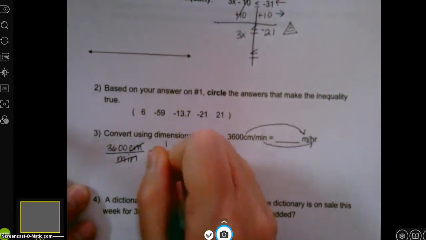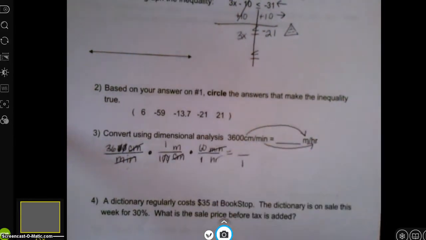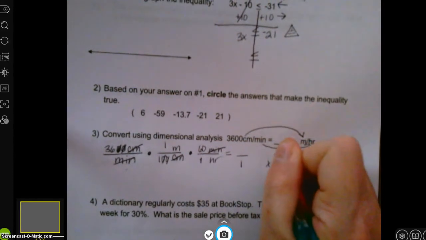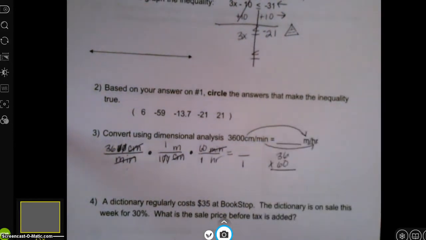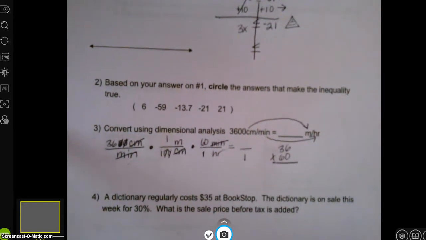It doesn't matter, but I can cross off 2, 1 2, 1 2. Get rid of them so they're gone. And the good news is on bottom I only have 1, so I don't have to divide. So all I need to do is multiply 36 times 60. That is your job. Once you multiply 36 times 60, you have your answer. Okay? So put that right there.